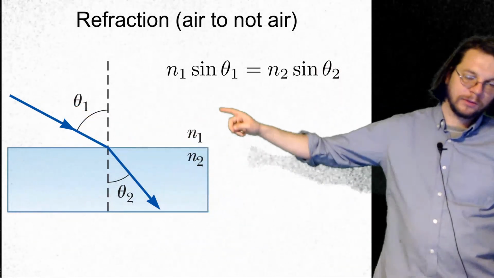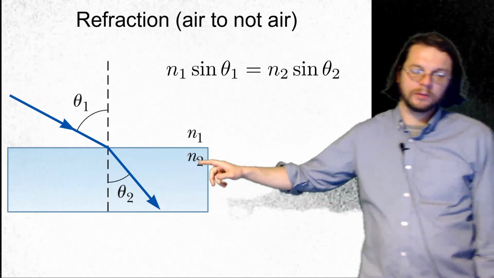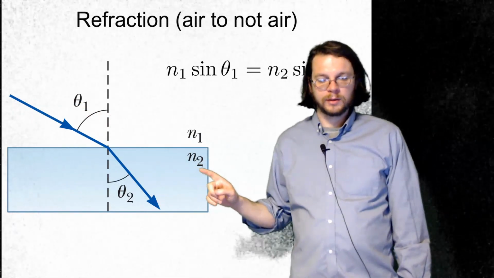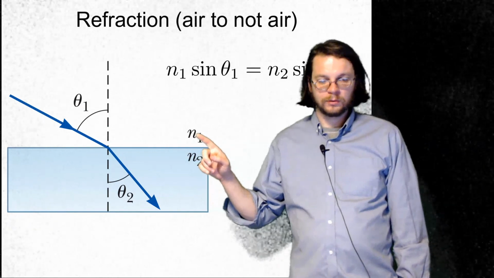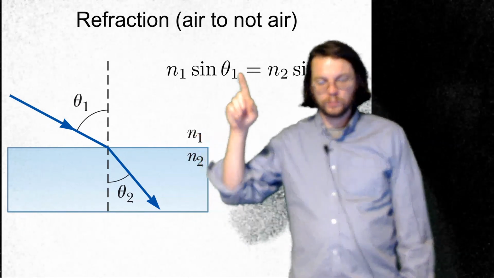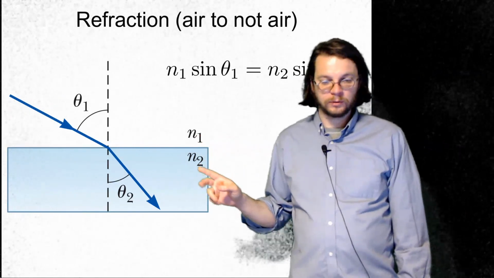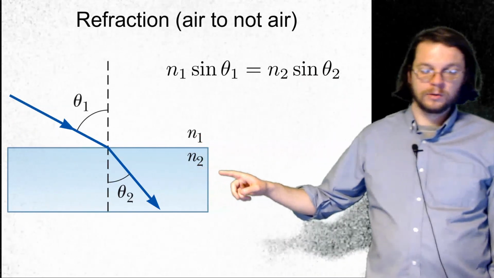So let's say there's air up here, and maybe this is glass, maybe it's water. The important thing is that this index is more than this index. The index of refraction of air is 1. The index of refraction of glass and water and whatever else is greater than 1.